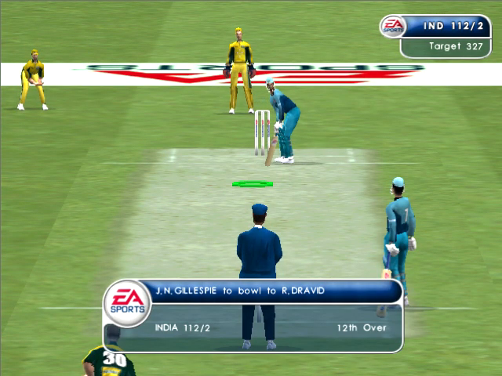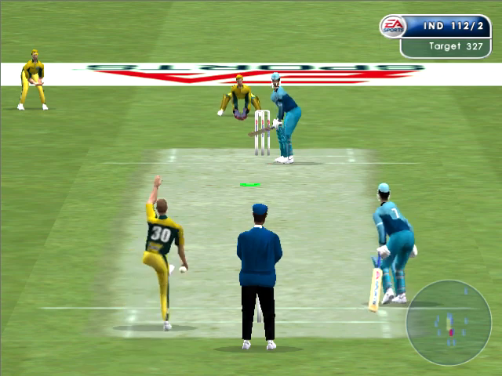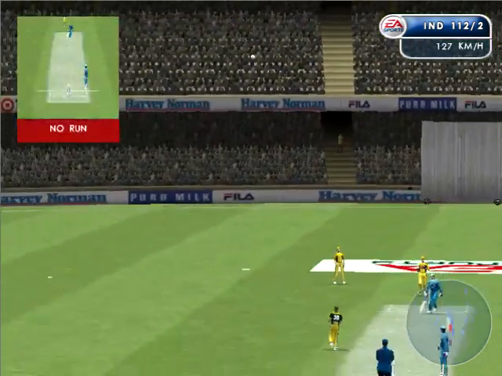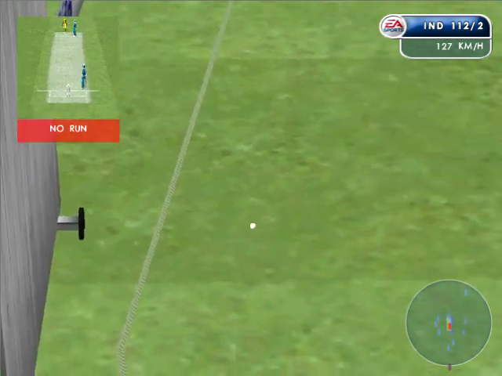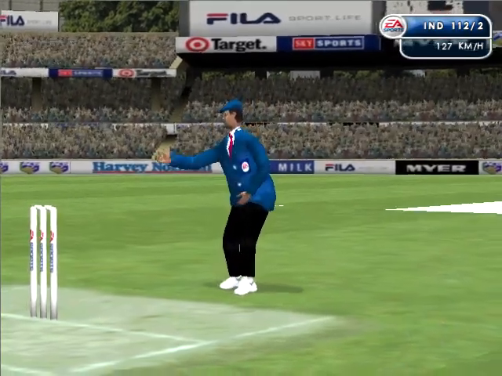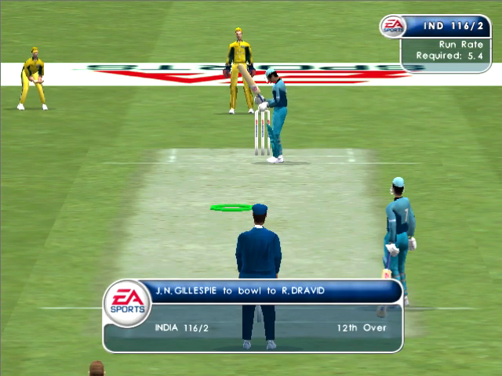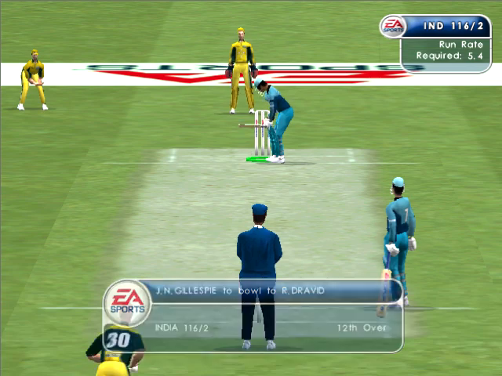Gillespie to bowl to Dravid. There it goes. Fielder hardly had a chance to move there. The bowler didn't do too much wrong there. It was just an excellent shot.